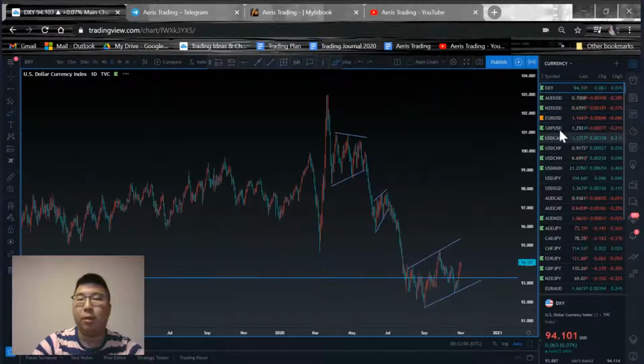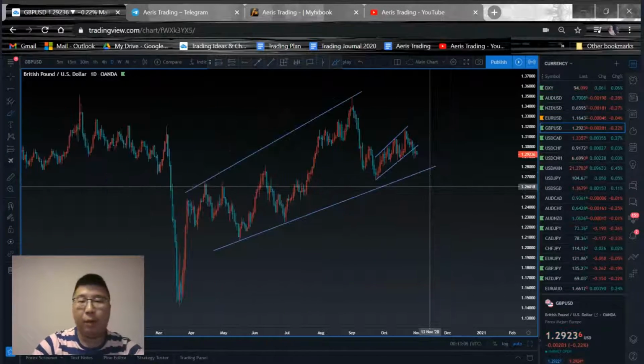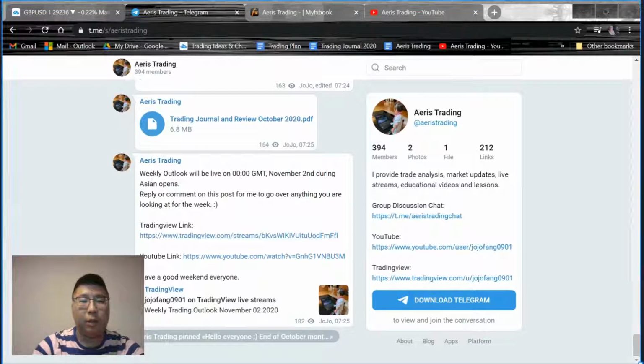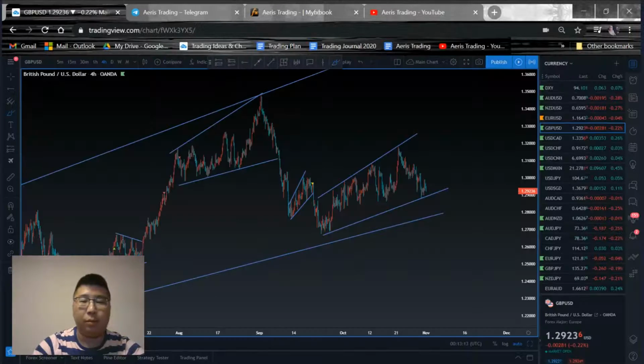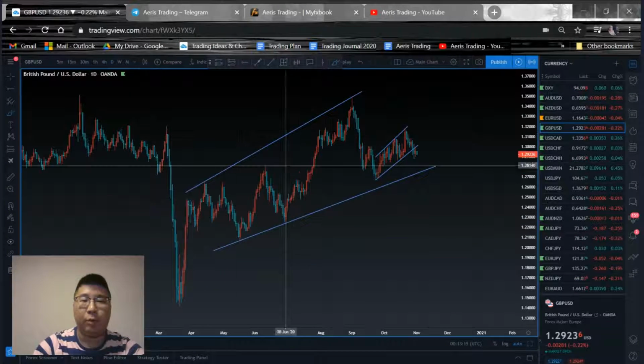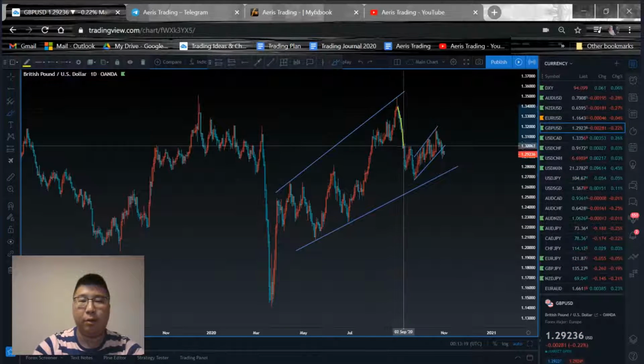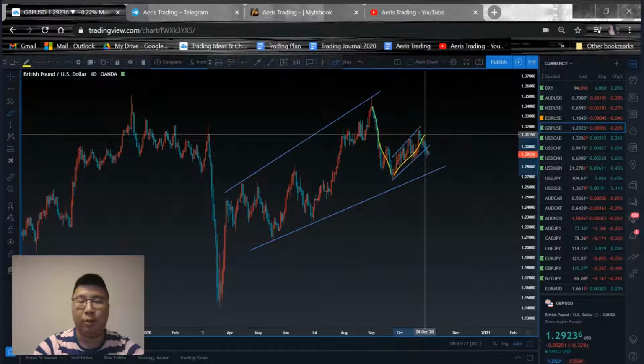So euro dollar, let's look at pound dollar really quick. Pound dollar, I think some of you guys just watched this that was mentioned. I do like pound dollar, but I don't like the fact that we're still in this overall kind of larger channel, right? Because you see this first impulse on a higher time frame, you see this overall correction, which is good.